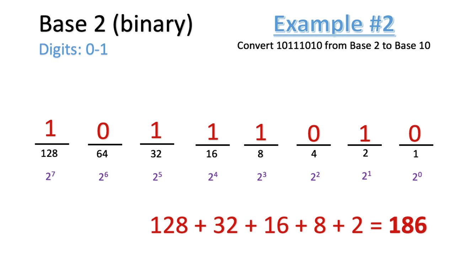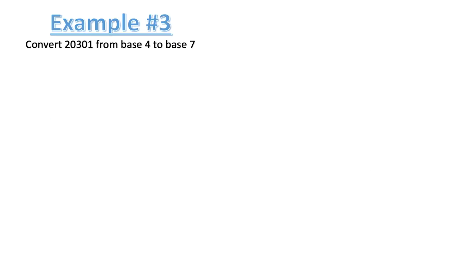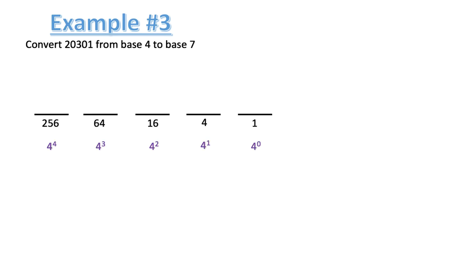Final example, the trickiest one. Convert 20301 from base 4 to base 7. So here we're going to need to do two steps. We're going to need to first figure out what this number 20301 in base 4 would equal in our decimal system. So let's write out 5 place values in base 4. Goes up by a factor of 4, so we got 1, 4, 16, 64, 256.